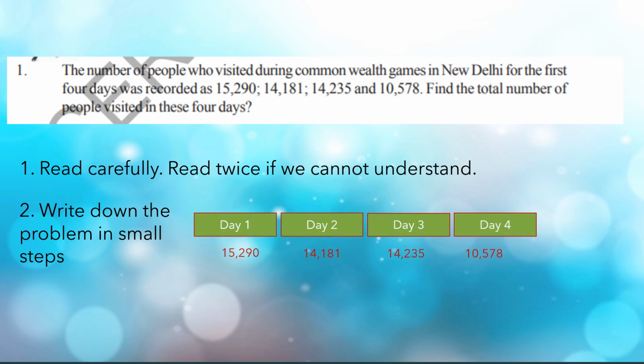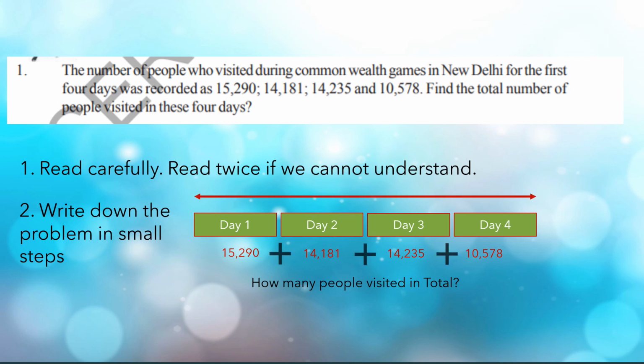It's a very simple picture, just 4 boxes showing day 1, day 2, day 3 and day 4. And I have written the number of people who visited the Commonwealth Games under these boxes. Now what do you think? Does this make the problem easier to solve? Is it easier to find how many people visited in total during the 4 days? What do you think?